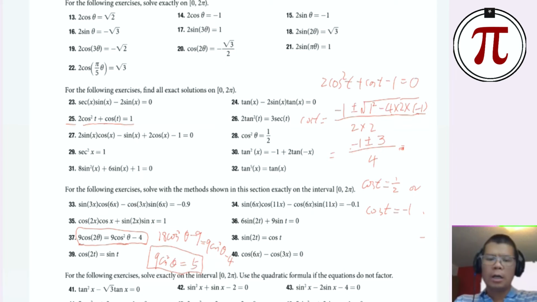Now, over the interval 0 to 2 pi, for what values does cosine t equal 1/2? Using the unit circle, t equals what?